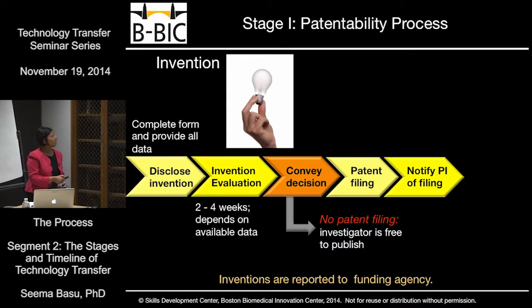In the event the decision is that a patent should be filed, you will work with the Tech Transfer Office and the outside counsel, as most Tech Transfer offices work with outside law firms to file the patent application. And this, again, could take a few weeks.